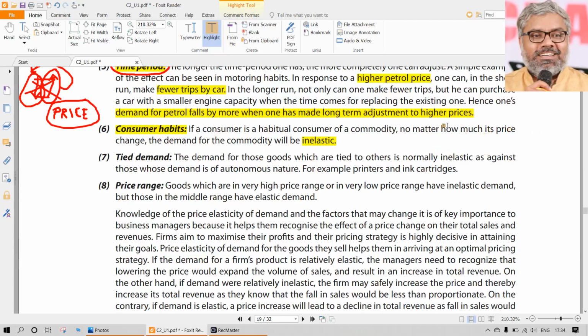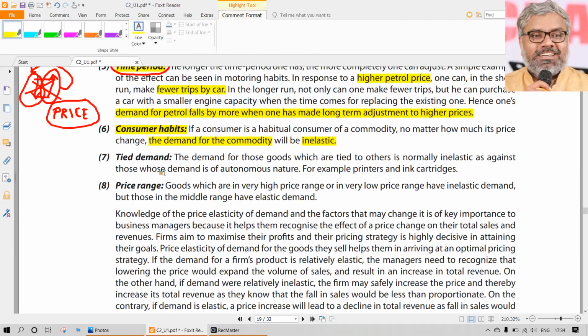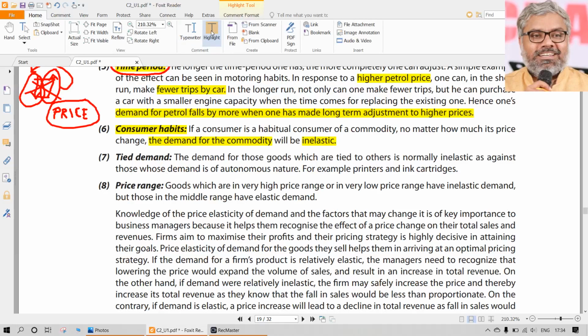They keep on increasing every year. But generally the observation is that the demand for that commodity will never reduce because people are habituated to that. So the kind of commodities where people are habituated, those will be inelastic. That is another reason why certain commodities could behave inelastically.